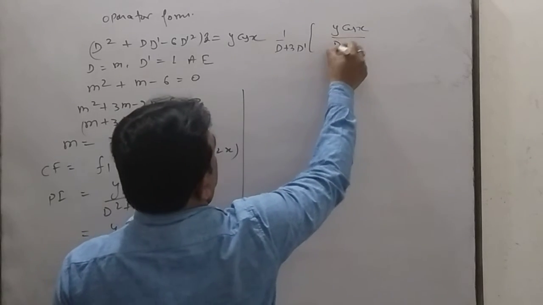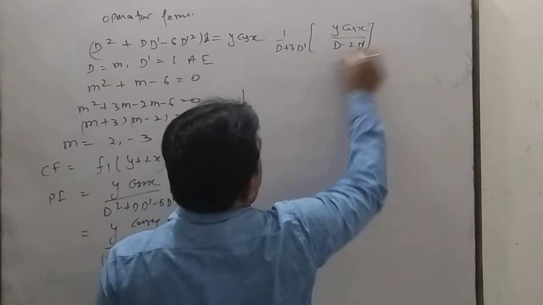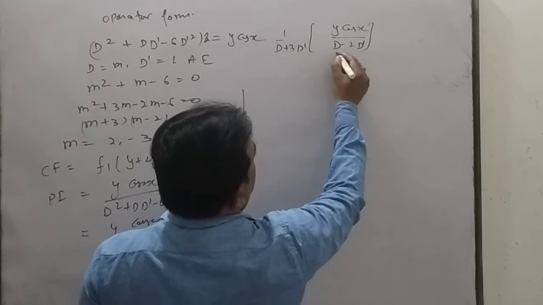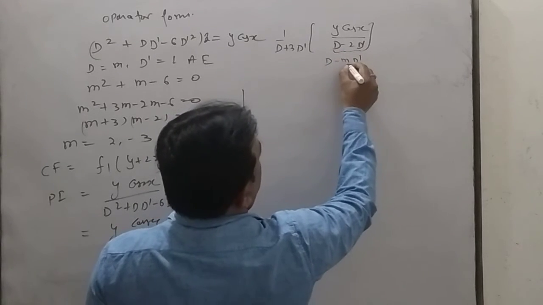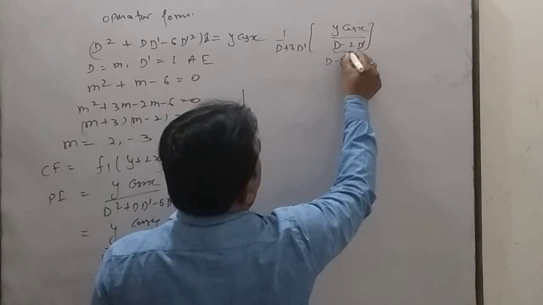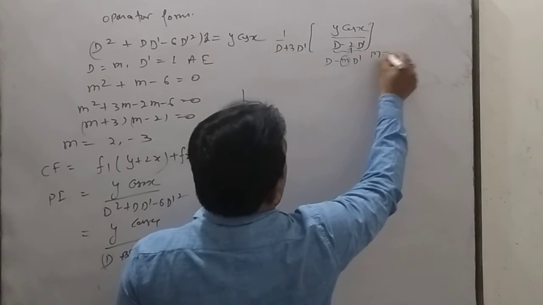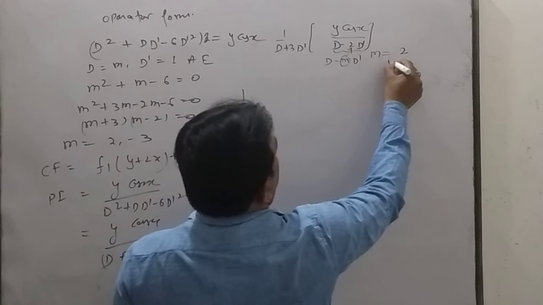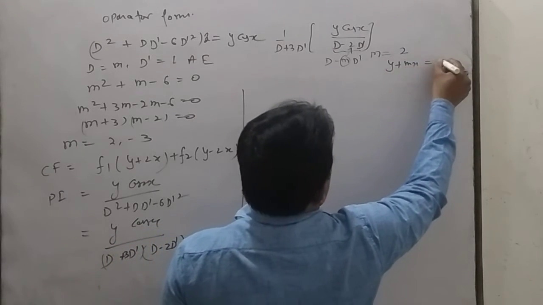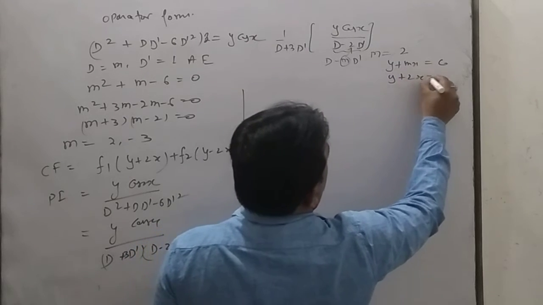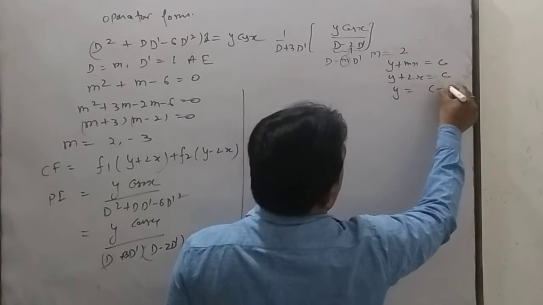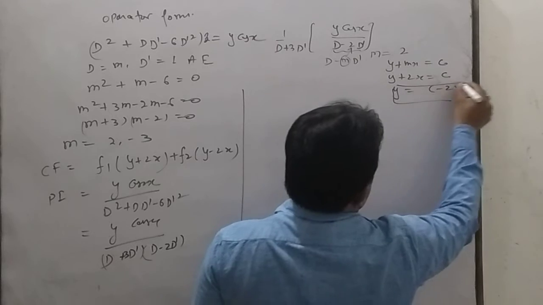Comparing with D minus mD dash, we get m equal to 2. Then y plus mx equal to c, putting the value, y plus 2x equal to c, then y equal to c minus 2x.